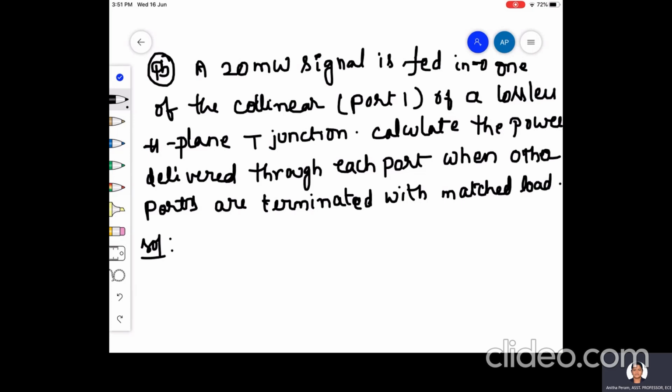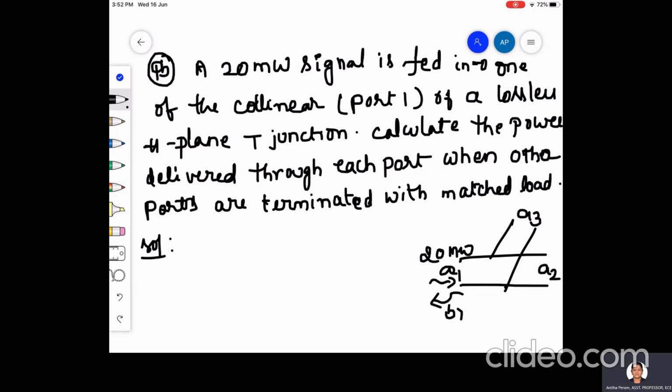If I consider the H plane T, here A1 is given with 20 milliwatts of signal, and then A2 and A3. We know A is incoming and B is outgoing.